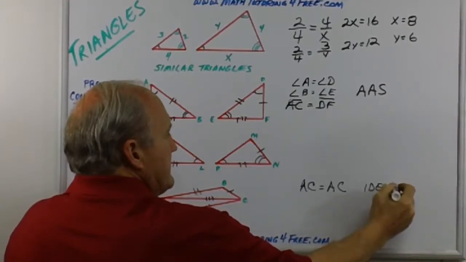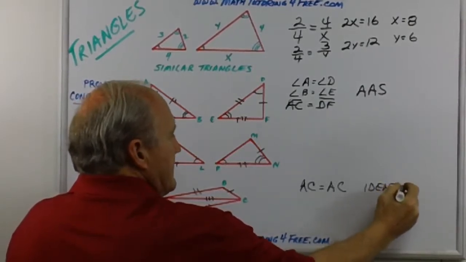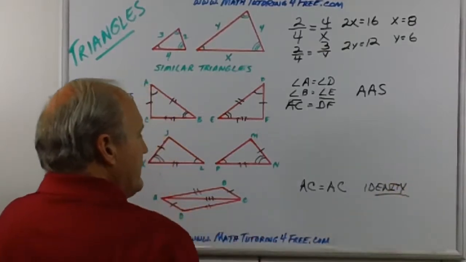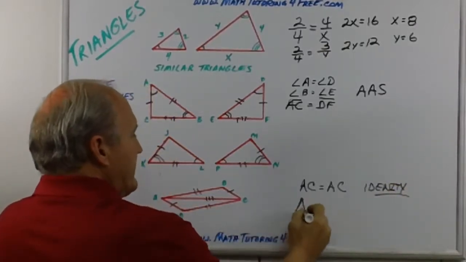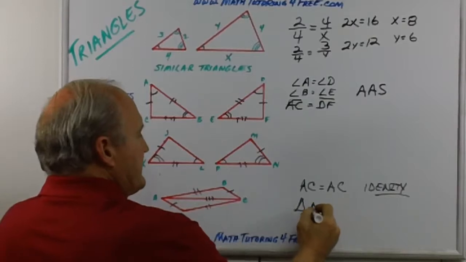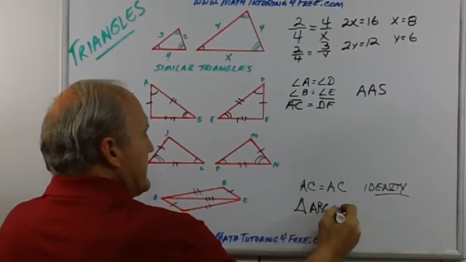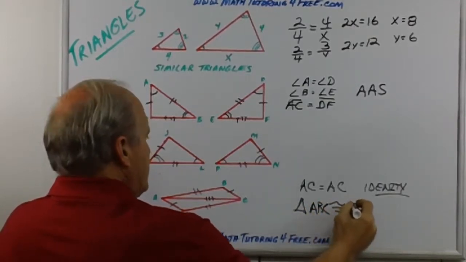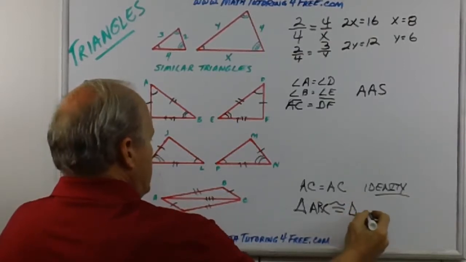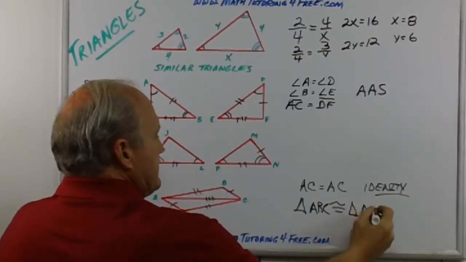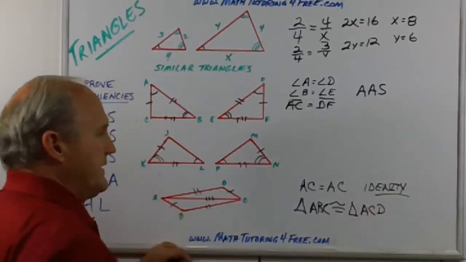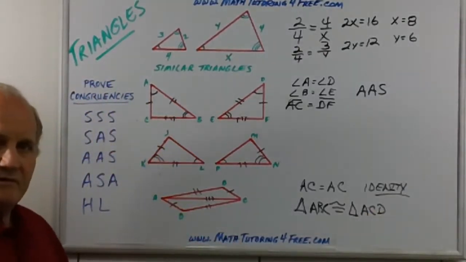Identity. And with that, then you can say, okay, then triangle ABC is congruent to triangle ACD, and then all the other parts are equal as well.